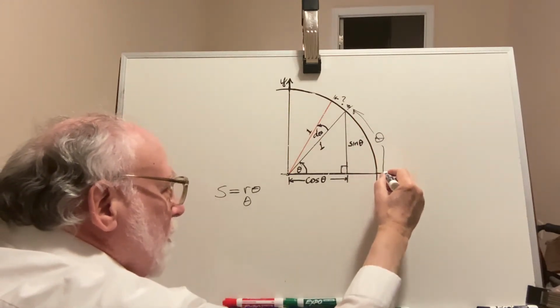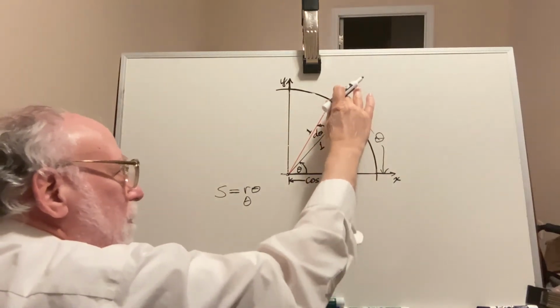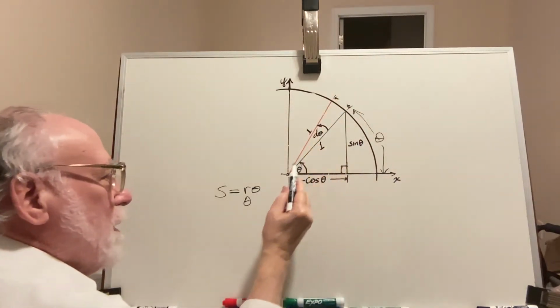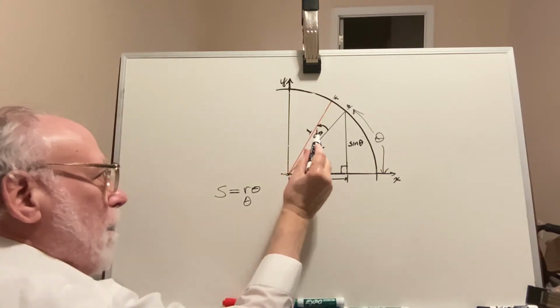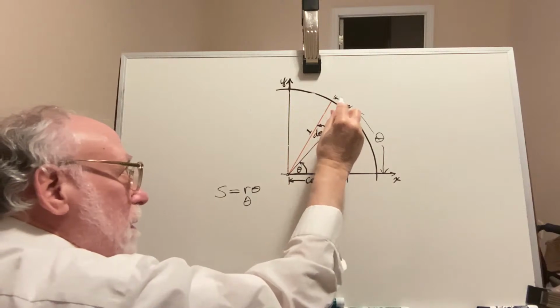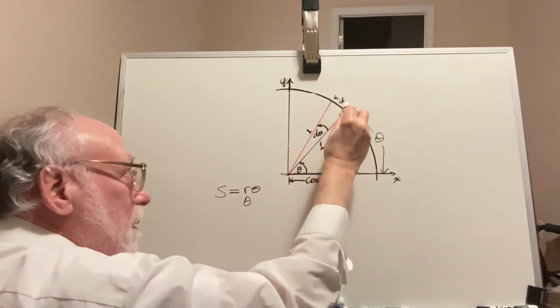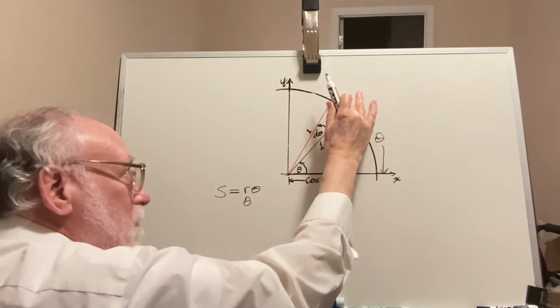It's r theta, r is 1. And so we increase theta infinitesimally by d theta, and so this length is also d theta.